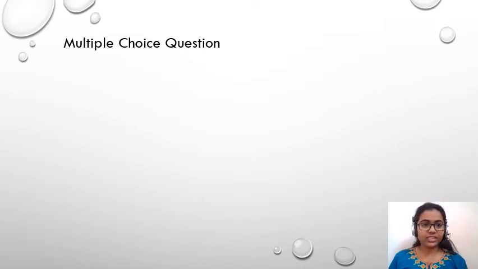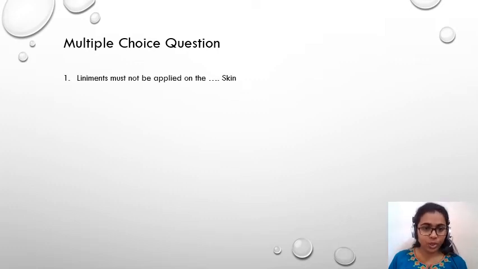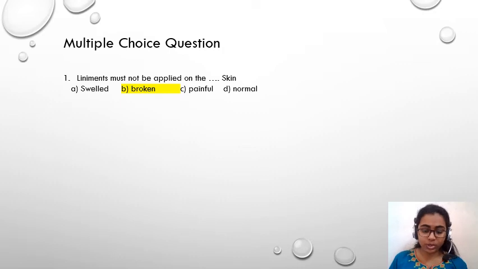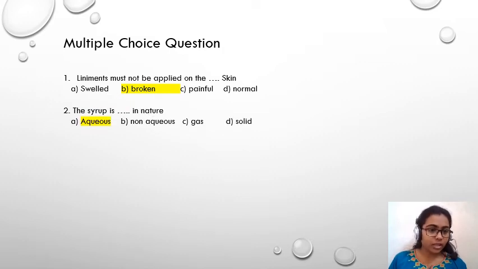So now we will discuss multiple choice questions. The very first question is: the liniment must not be applied on the dash skin. As per what we discussed in the presentation, the liniment must not be applied on broken skin. Then the second question is: the syrup is dash in nature. As per what we discussed, the syrup is aqueous in nature.